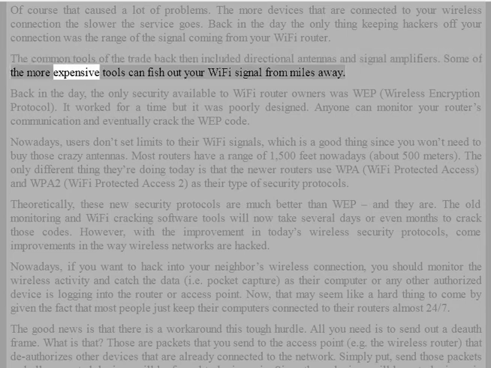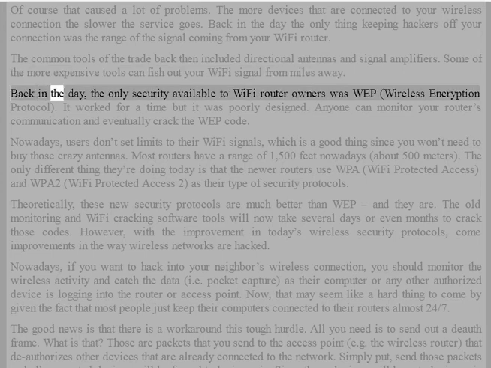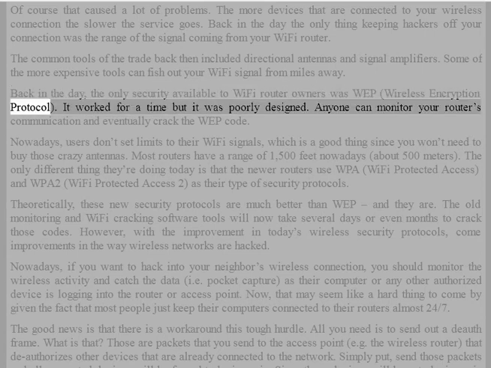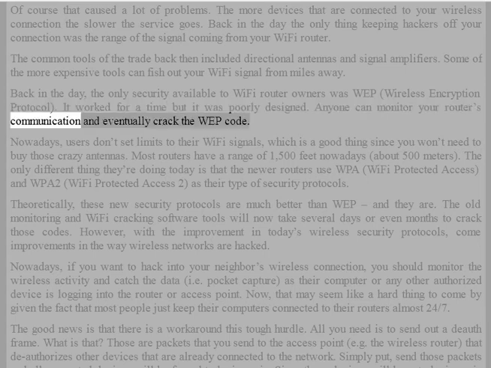Some of the more expensive tools can fish out your Wi-Fi signal from miles away. Back in the day, the only security available to Wi-Fi router owners was WEP, Wired Equivalent Privacy. It worked for a time, but it was poorly designed. Anyone can monitor your router's communication and eventually crack the WEP code.